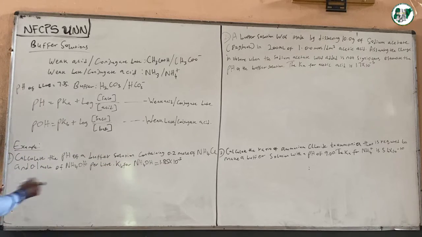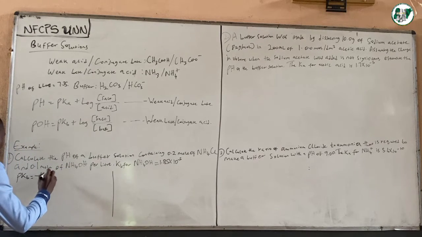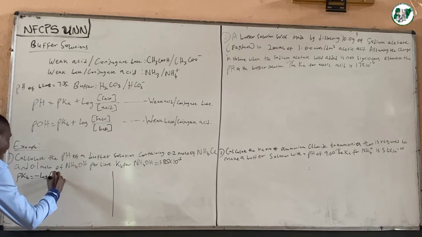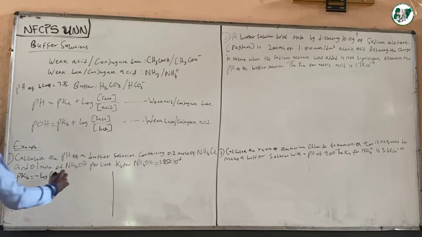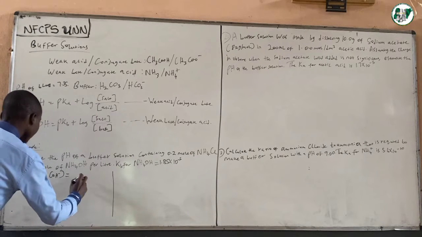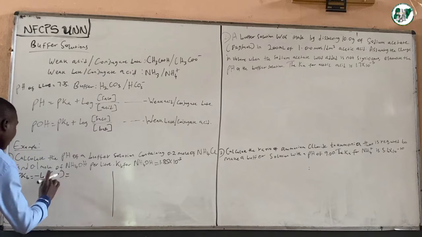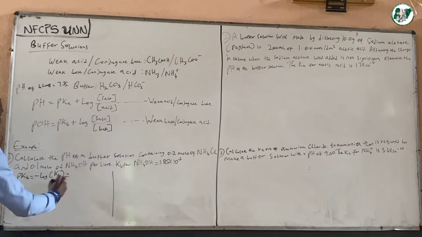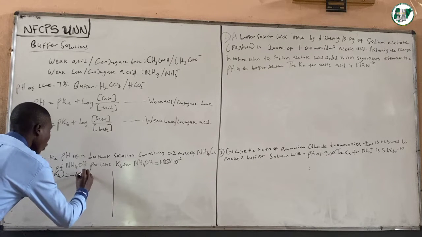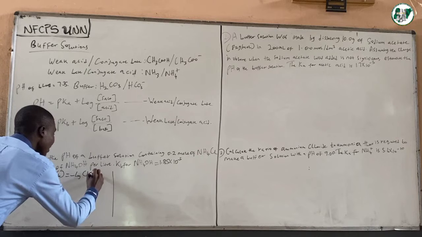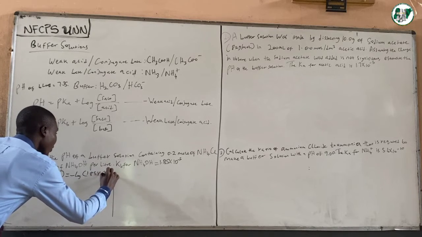And we have mentioned earlier on that whenever you have pKb, it is equal to negative log of Kb. So that's going to be minus log of 1.85 times 10 raised to the power of minus 5.